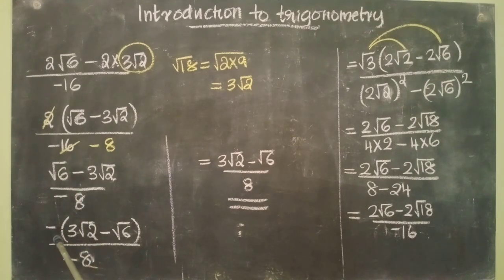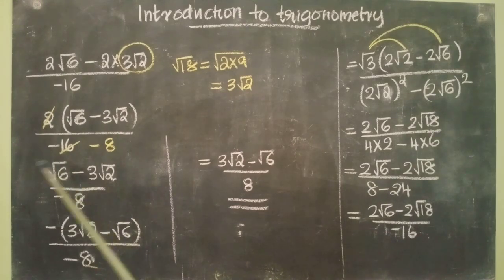Now I am going to take the negative sign outside from the numerator. Here root 6 is positive. If we take negative outside from positive root 6, there is remaining negative root 6. Here 3 root 2 is negative. If I take the negative sign outside, there will remain positive 3 root 2.